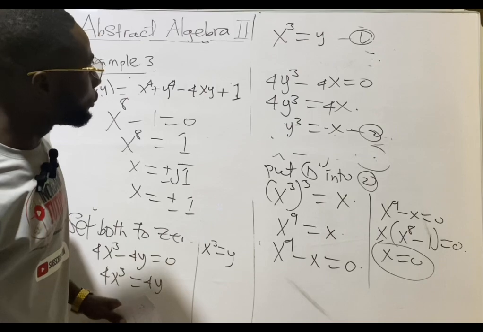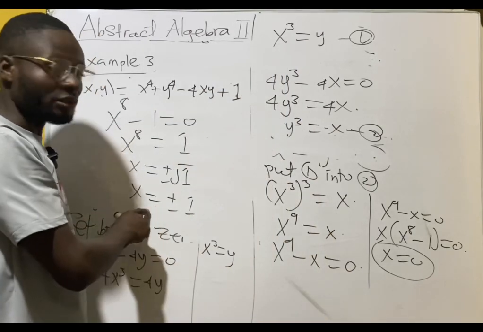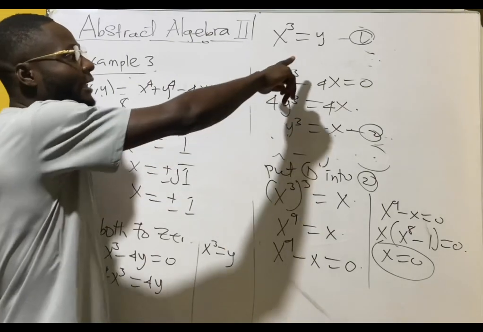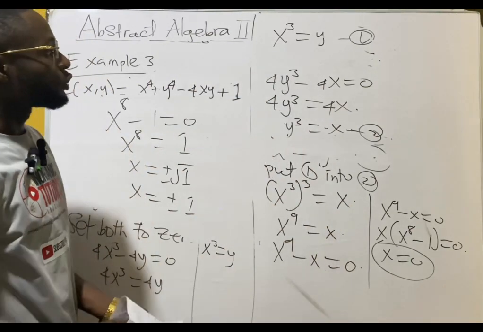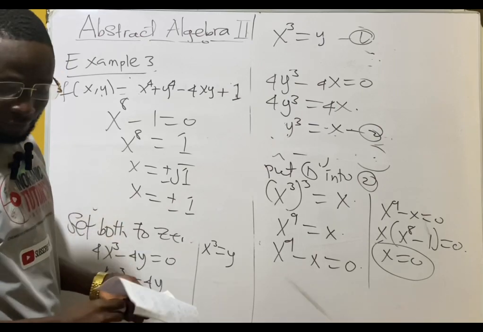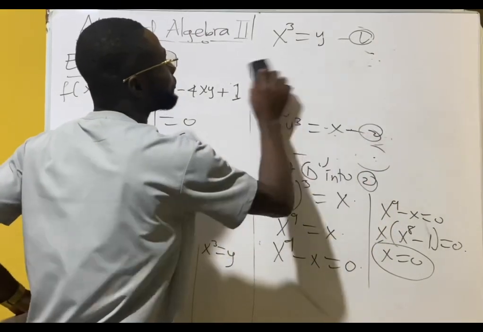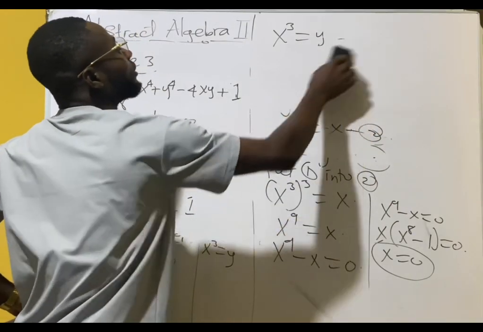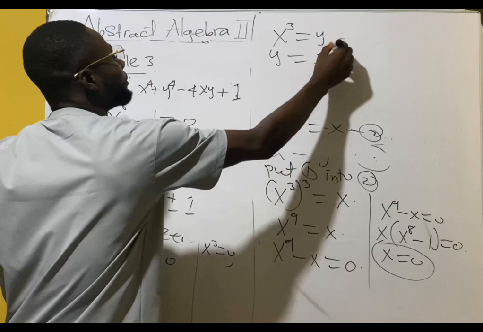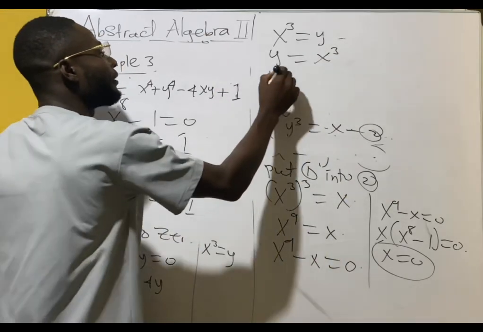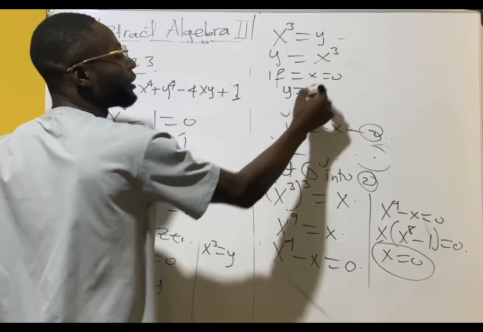So what do we have to do? We have to substitute the corresponding values of x into either equation 1 or 2 to find the values of y. So if we have y equals x cubed, then if x is equal to 0, y will be 0 as well.